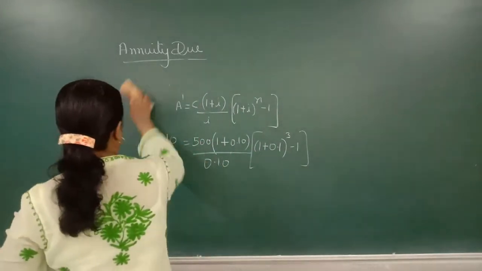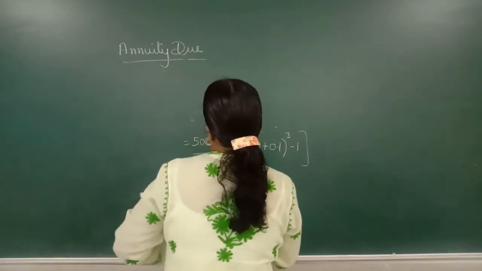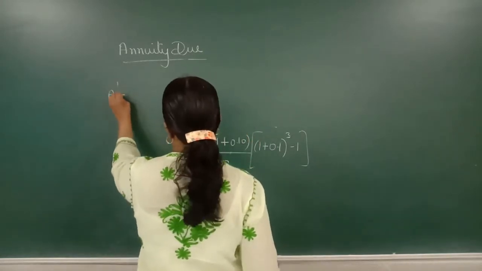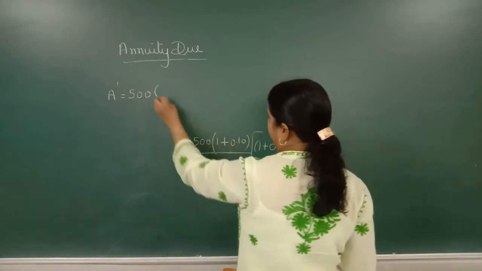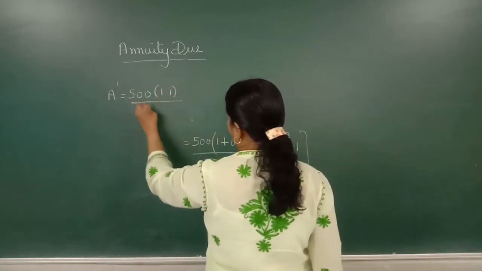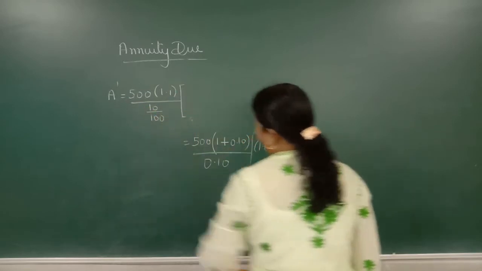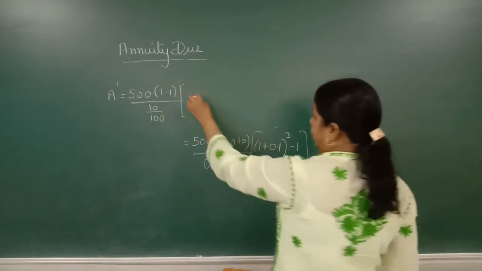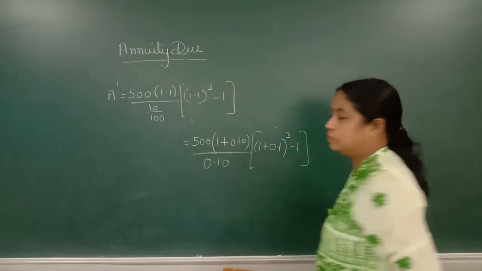Now see here. Accumulated value A dash is equal to 500 into bracket 1 plus 0.1, that is 1.1, upon, we'll write it as 10 upon 100, into bracket 1 plus 0.1, 1.1 to the power 3, minus 1.